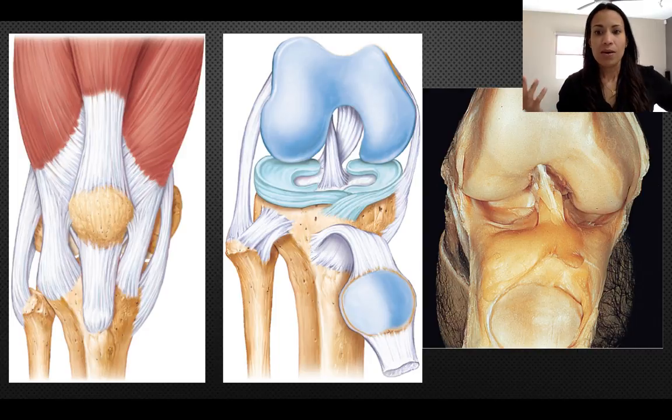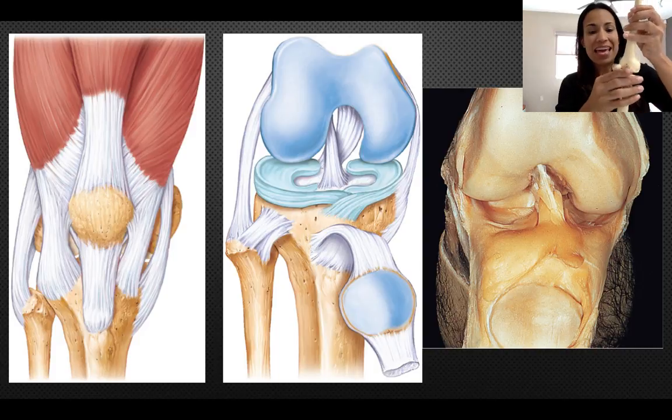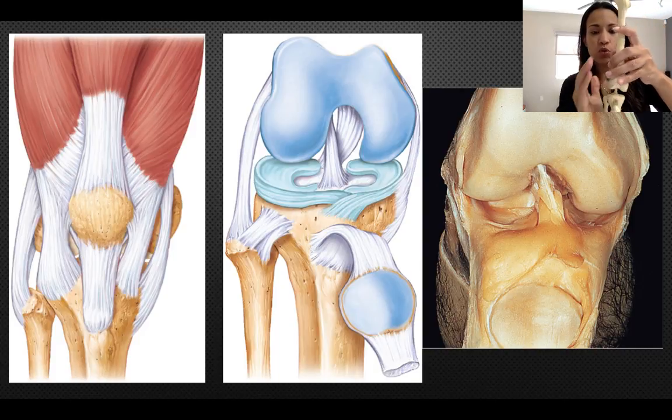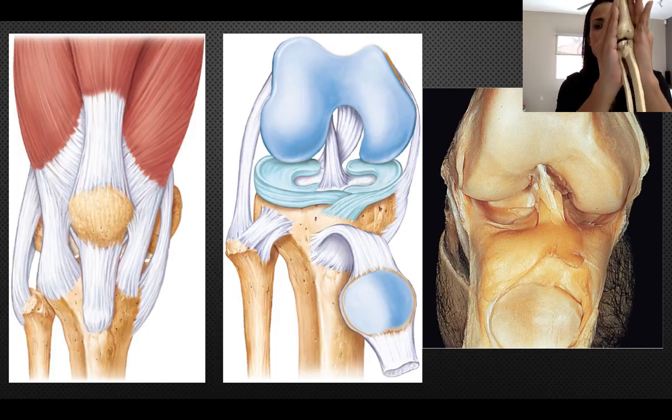What are we going to find? We're going to find the capsule. This capsule is quite different from the ones we have been describing that wrap the entire joint. In this one, the capsule wraps the lateral, the medial, and the posterior aspects of the joint. So it's going to be something like this.